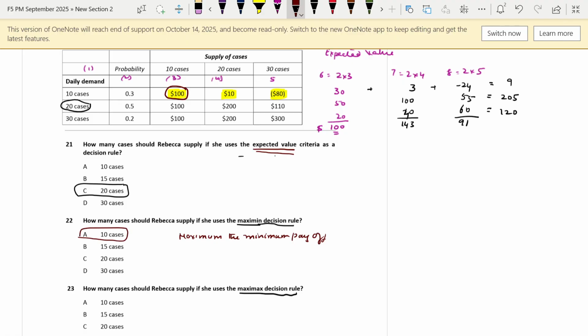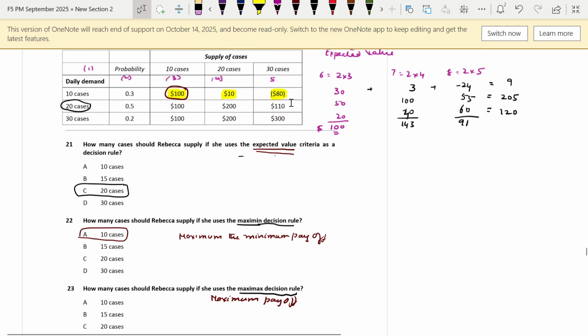Understand the rule. Next, what is the next one? Maximum payoff. This is the minimum payoff, that is the maximum payoff. What is the maximum payoff? 30 cases.